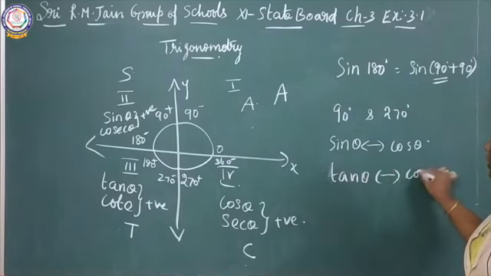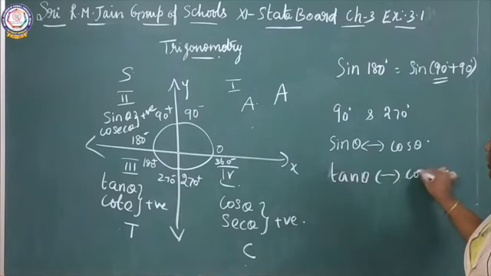If it is negative, the fourth quadrant changes into the first quadrant. Is it clear for you? Positive means anti-clockwise, negative means clockwise.